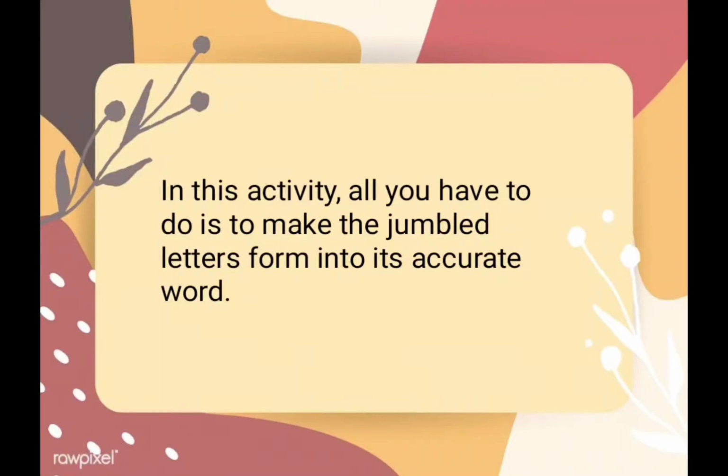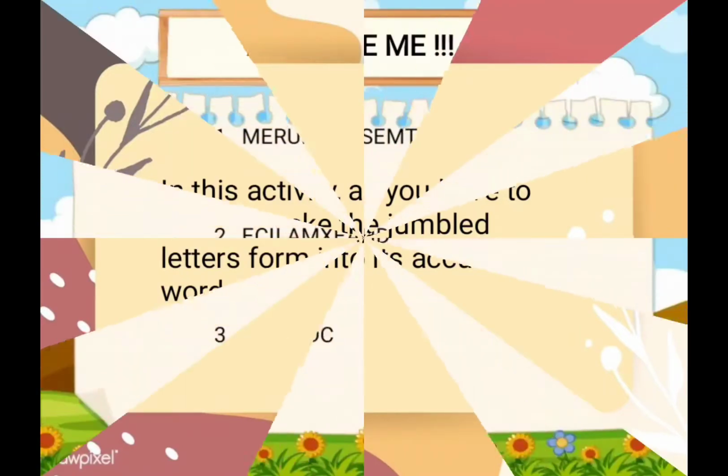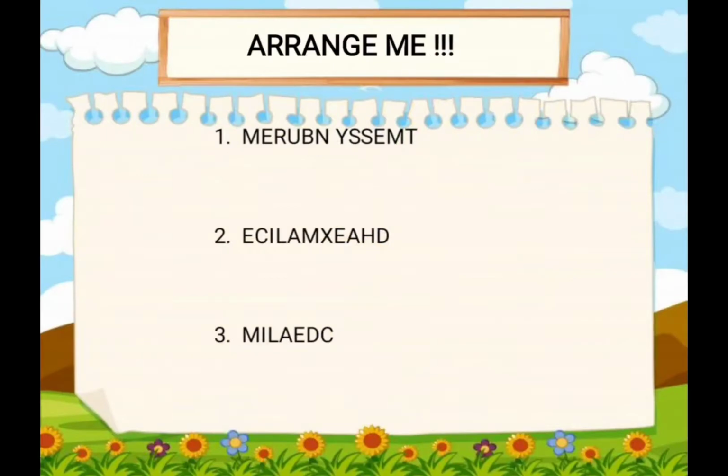Are you now ready? By the way, class, this activity is called Arrange Me. Here, number 1. What do you think would be the exact or the accurate word or words in number 1?